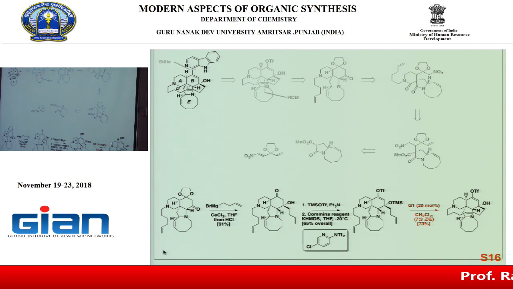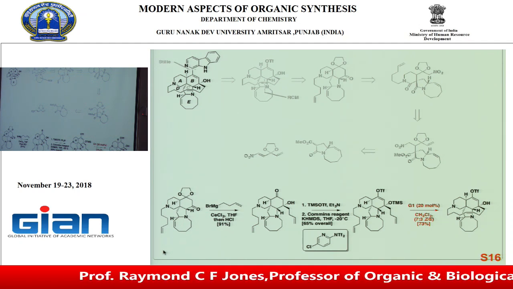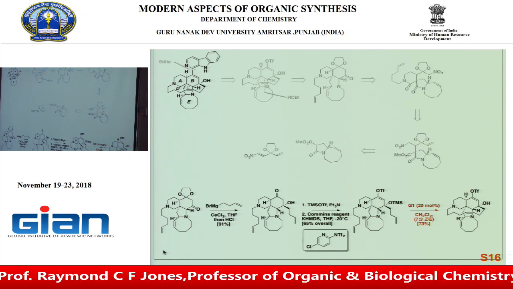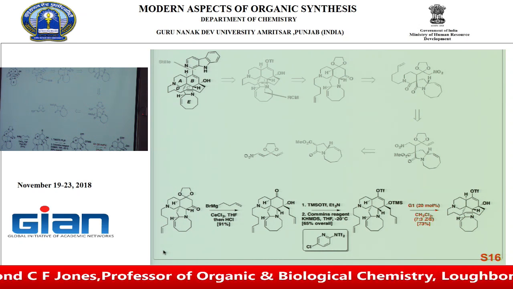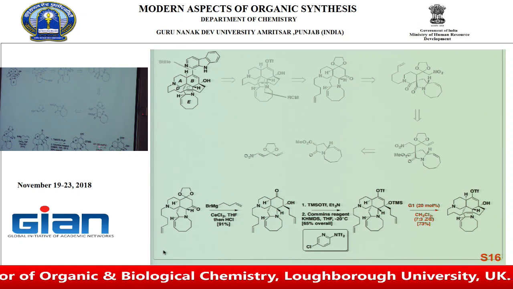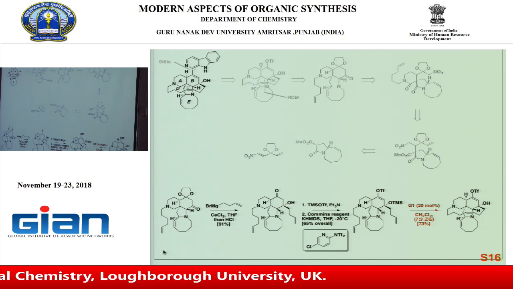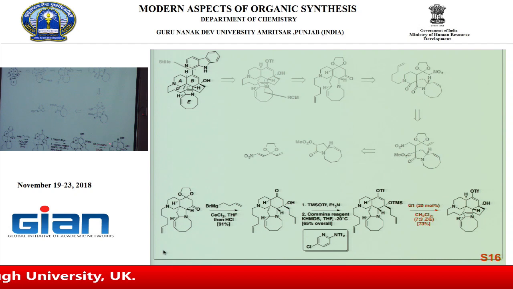So this again used the Grubbs first generation catalyst, in this case 20 mole%, so that's still higher than some catalyst proportions that you see used, but it's not as much as the 100 mole% that was used in one of the metatheses in the Martin synthesis. But I want to illustrate here, again, Grubbs first generation, relatively mild conditions.